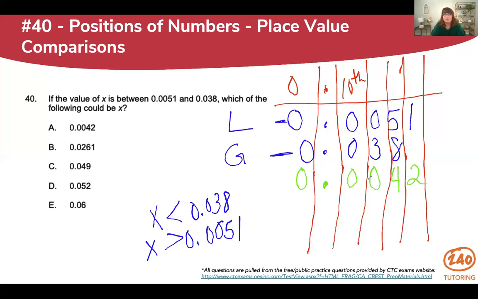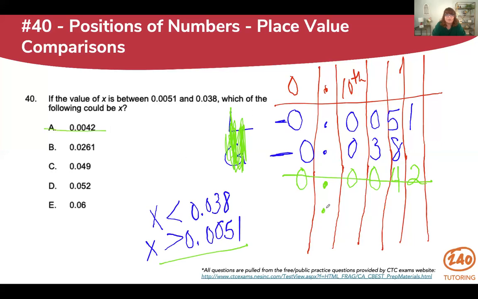Okay, so I can see this is less than 0.038, but it has to be greater than, I'm going to cross these out so it's less confusing. It's got to be greater than this number, and 5 is greater than 4, so that one will not work. So I'm going to cross that one out.